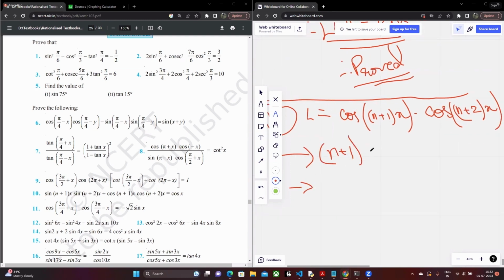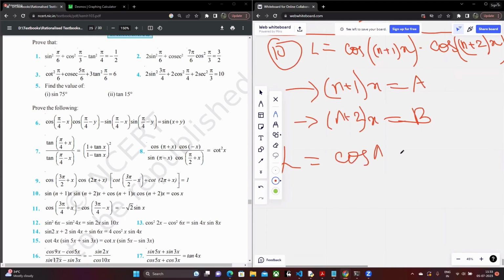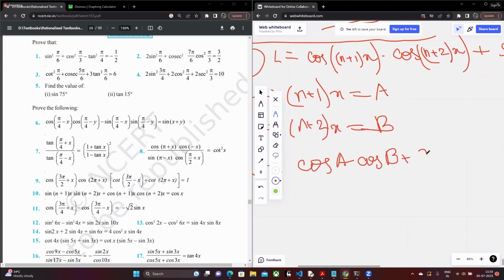Let (n plus 1) times x be equal to A. Let (n plus 2) times x be equal to B, right? Therefore, L is going to be equal to cos A cos B plus this is sin A sin B.